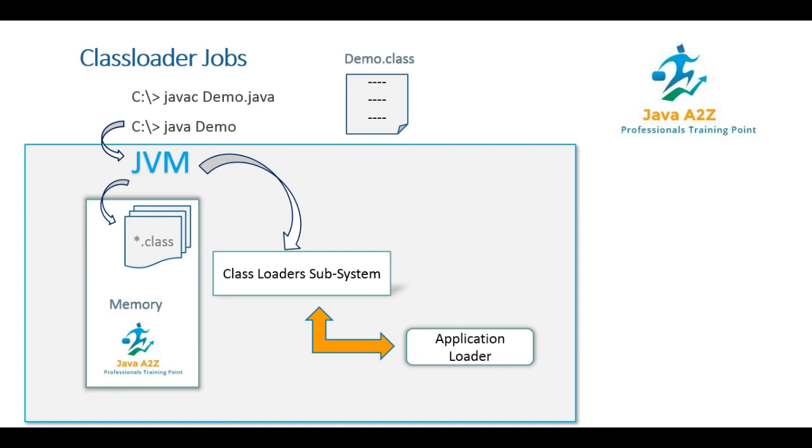Application loader, also known as system loader, loads classes from the current class file. We can set the class file while invoking a program using cp or classpath. So the application loader is responsible to load classes from the classpath only.